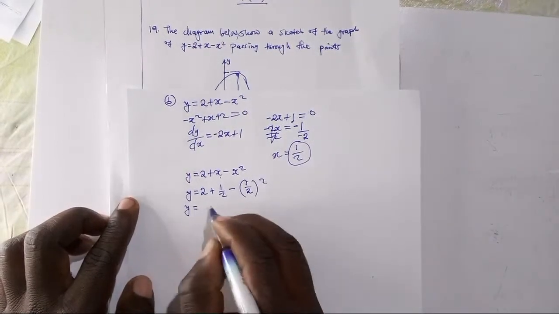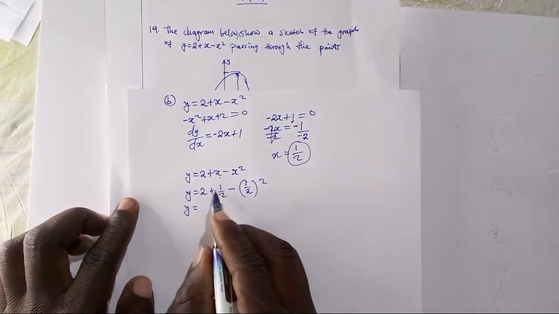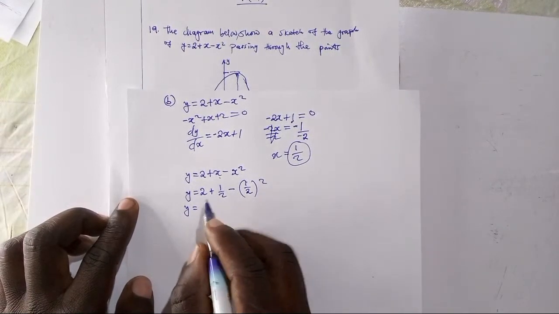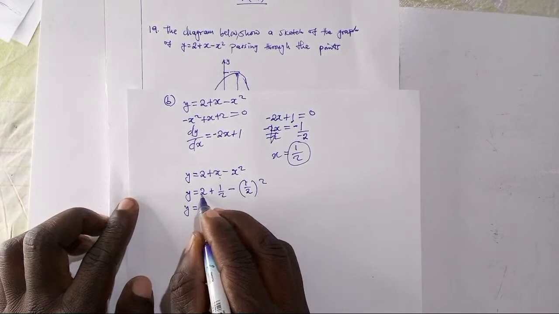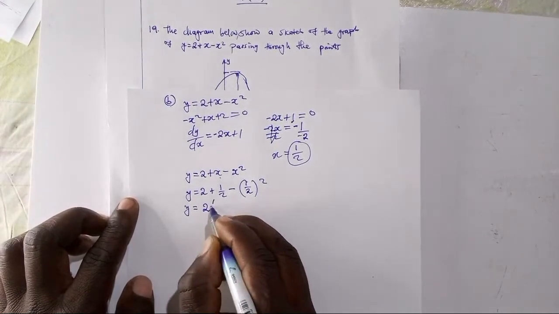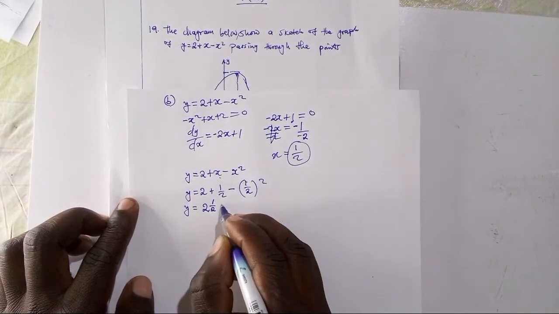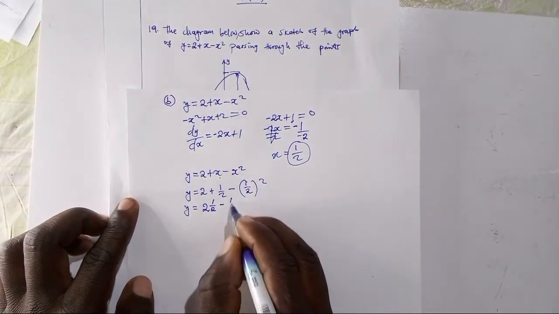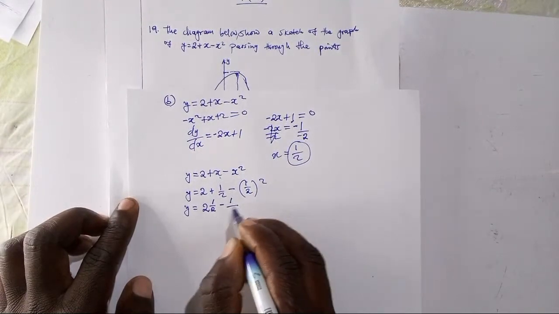Then y equals, the easiest way to do this is: 2 plus half will be a mixed number, 5 over 2, right? Then minus 1 squared, it is 1, and 2 squared is 4.